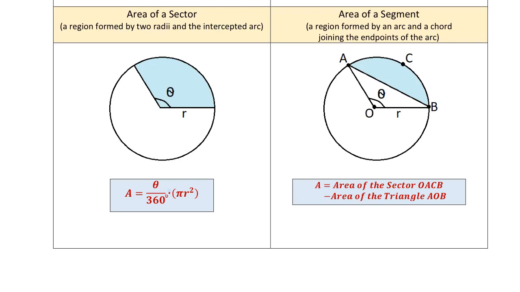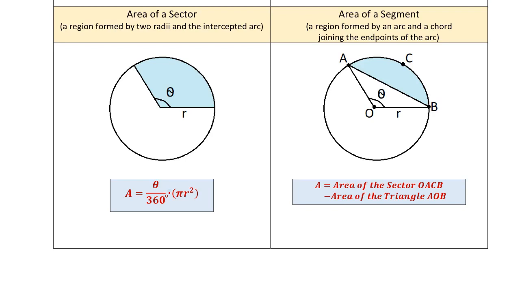A segment is a region formed by the arc and the chord joining the endpoints of the arc. If you look at the given figure, then that is the shaded area that you see there. To find the area of the segment, we have to take the area of the sector and subtract the area of the triangle.